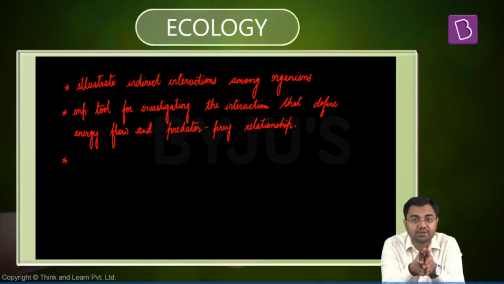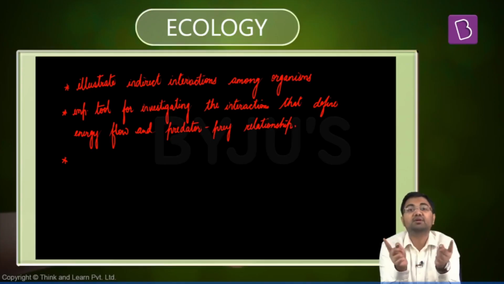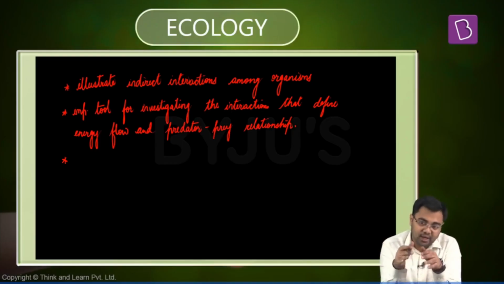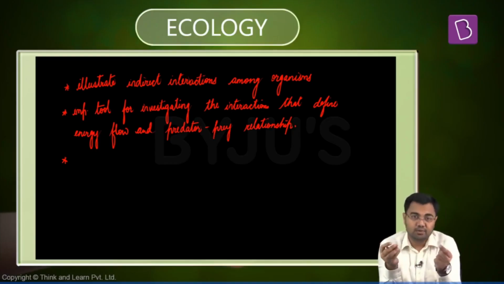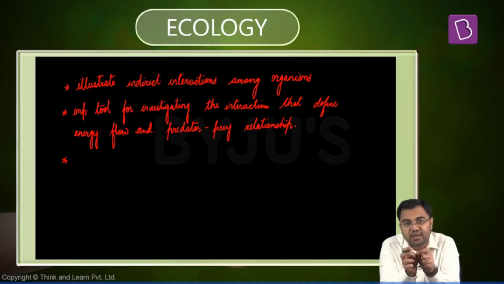Now, one more thing that is suggested by a food web is that the number of consumers, let's say the number of secondary consumers, is dependent on the number of primary consumers of different variants. I'm not talking about a single population. I'm talking about different populations of primary and secondary consumers, and how exactly they are interdependent on one another. So it suggests that the abundance of a population at any given trophic level is controlled by the productivity and abundance of populations in the trophic levels below them.